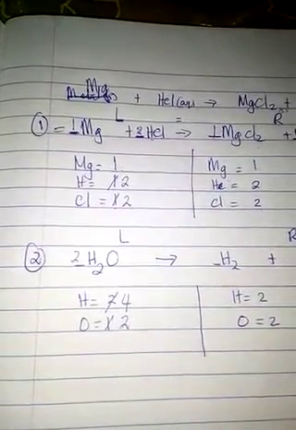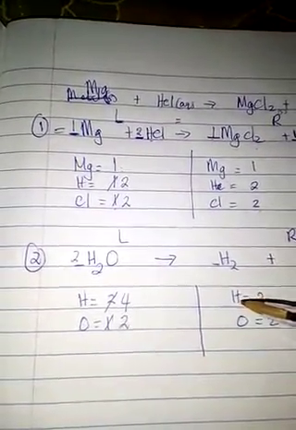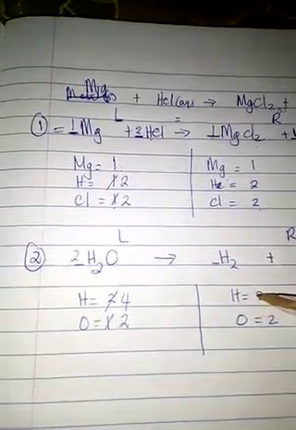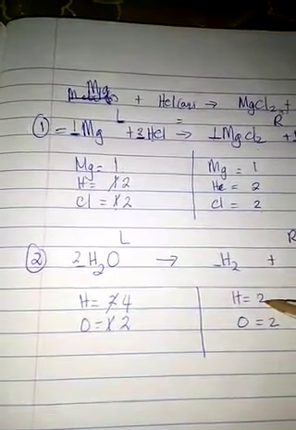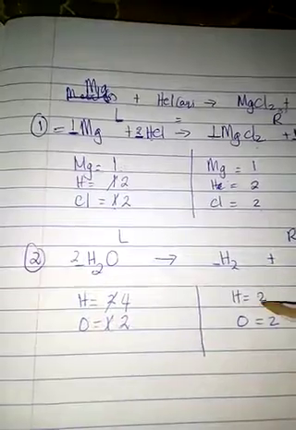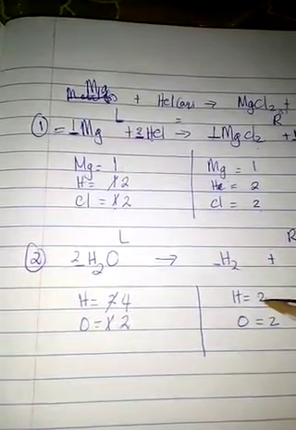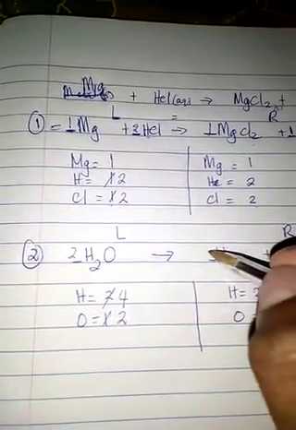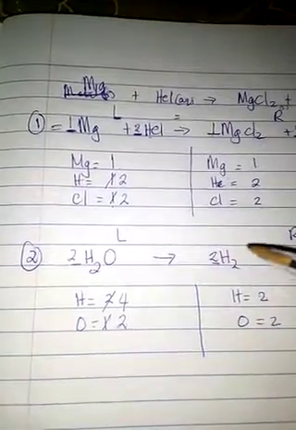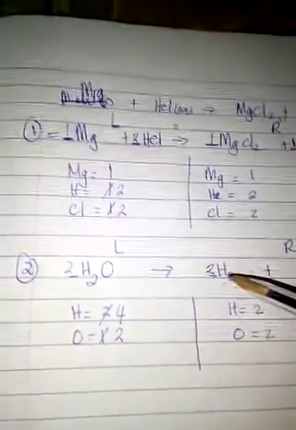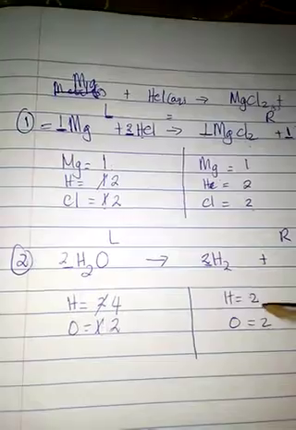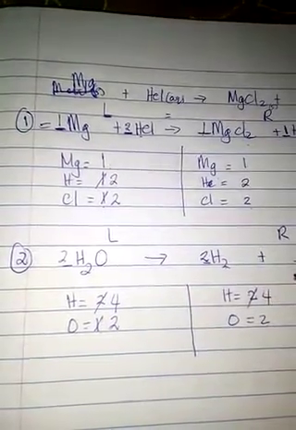On your right we have 2 hydrogen, and you know that to make 4 hydrogen you add 2 in front of this hydrogen molecule. So 2 times 2 hydrogen gives you 4 hydrogen.